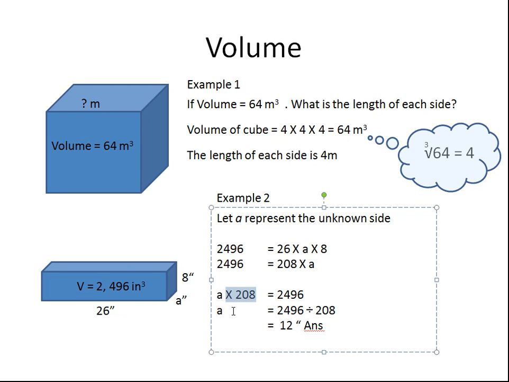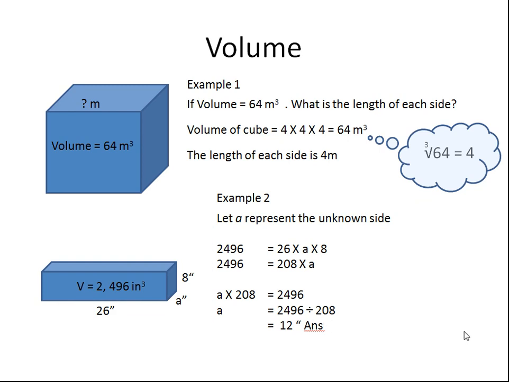But because this is an equation, if I divide the left-hand side by 208, I have to divide the right-hand side also by 208, which is what I did. On the left-hand side, I no longer have 208 because 208 divided by 208 is 1. So I divide the 208 on the right-hand side, and 2496 divided by 208 is equal to 12 inches. And this is my answer.